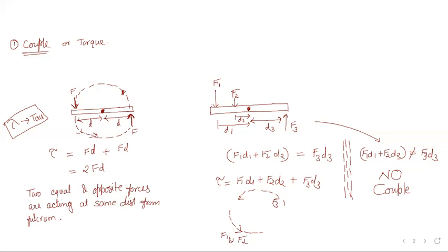A perfectly balanced case. But in the other case, the moment created by the combination is different from the moment created by F3. So there is an imbalance, and as a result they are absolutely not a couple. It will be an imbalance where the object will not be under controlled motion.